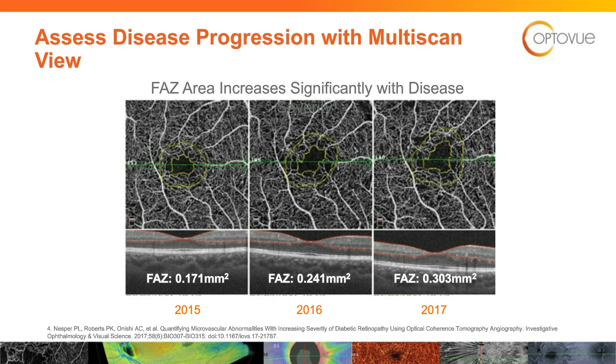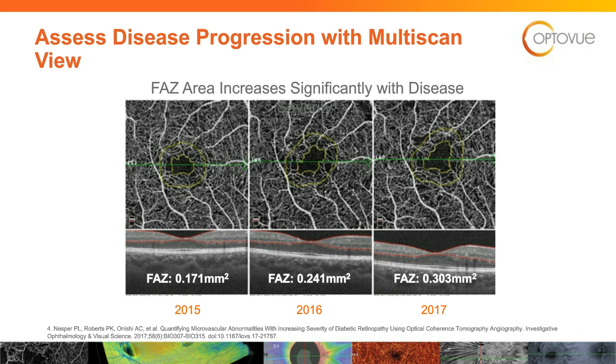Do you dilate for all angio scans? In my experience, that's going to depend on their age. It's going to depend on the instrument that you're utilizing. We have the OptiView Avanti OCT angiography, and to me, that does a really good job on undilated pupils.